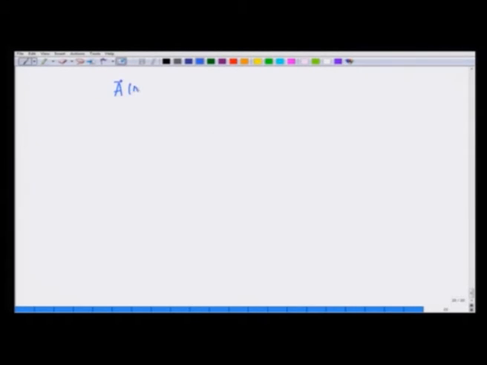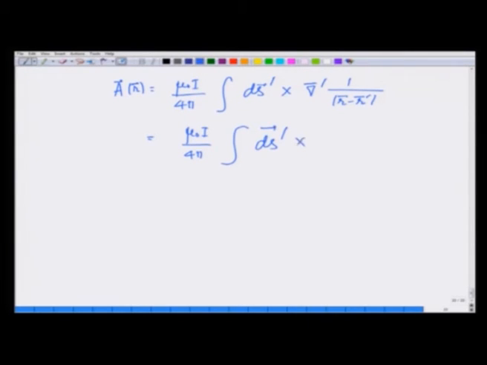let me write it again, A(r) is equal to mu 0 I over 4 pi integral ds prime cross gradient with respect to the primed variable of 1 over |r minus r prime|, which is nothing but mu 0 I over 4 pi integral ds prime vector cross (r minus r prime) over |r minus r prime| cubed.